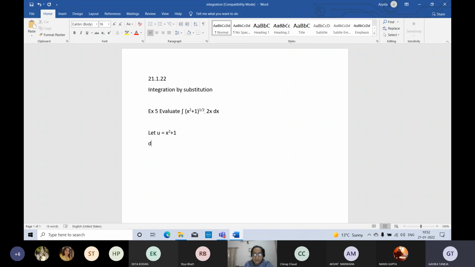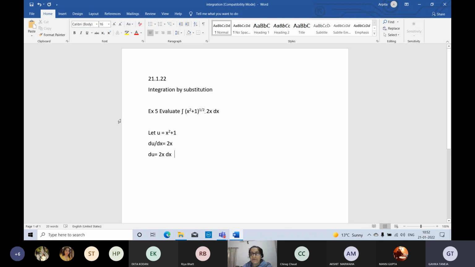I'm doing differentiation from LHS to RHS. 2x. Right. Now I know this is 2x, which also means du is equal to 2x into dx. Am I right? Is it clear? Yes, ma'am.